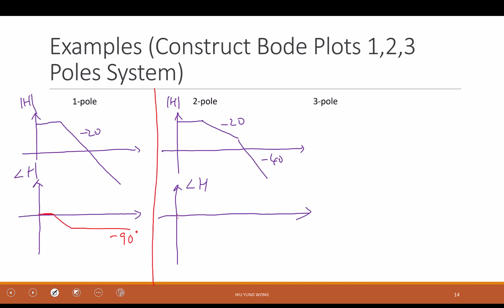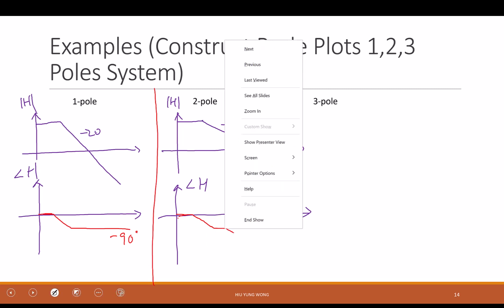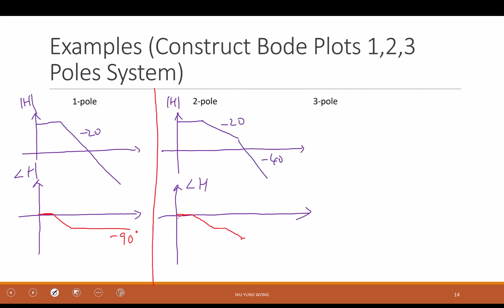Negative 90, right? For the first pole. And then when I see the second pole, it will go down again, negative 180, right? This is negative 90 degree.